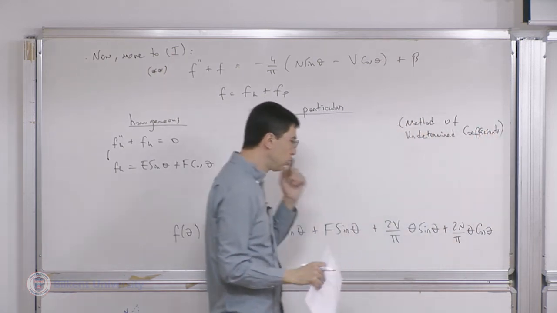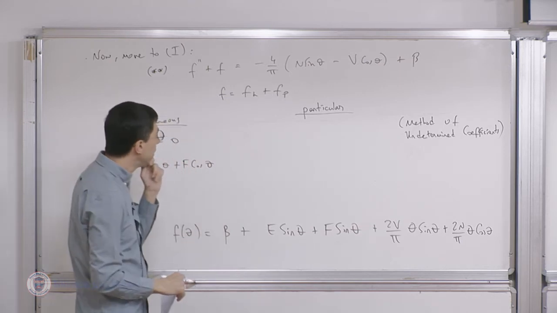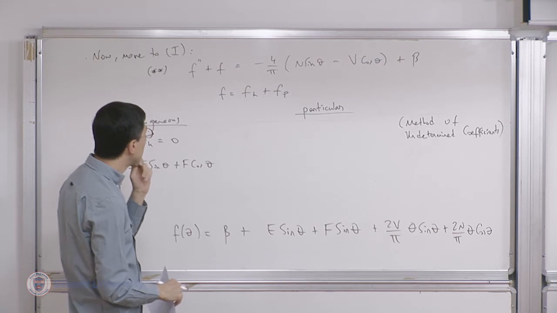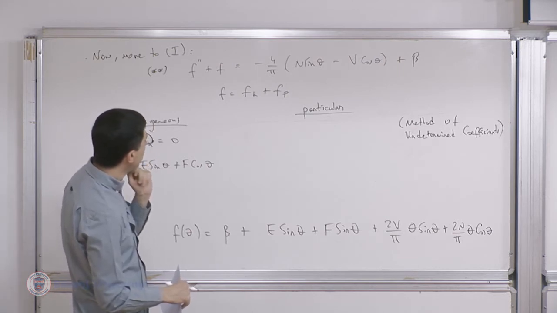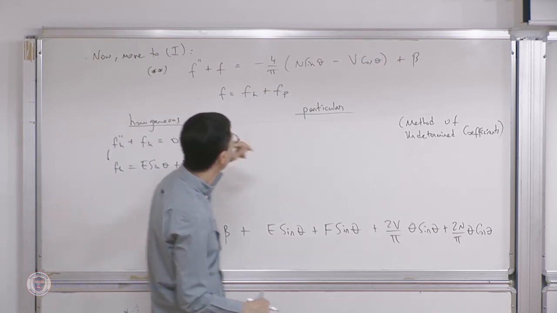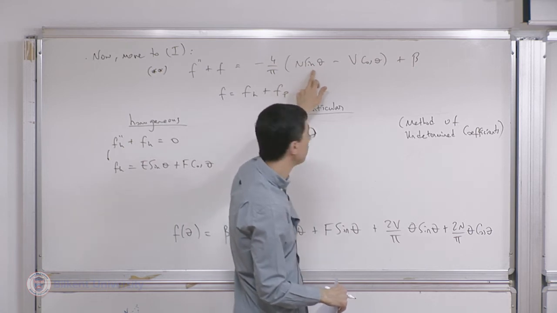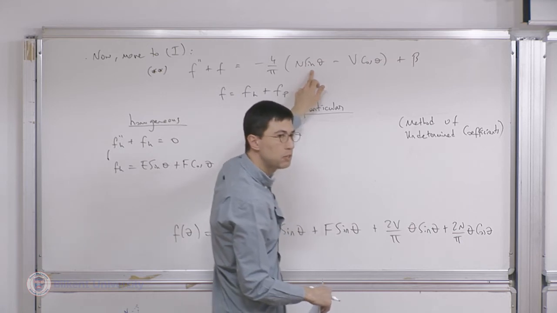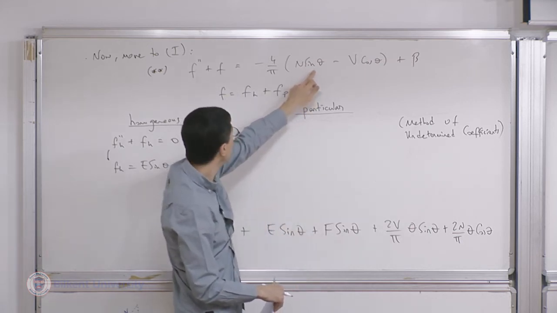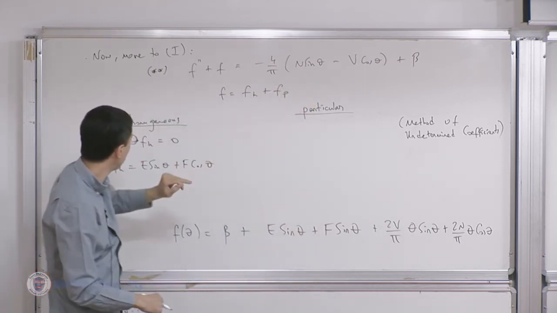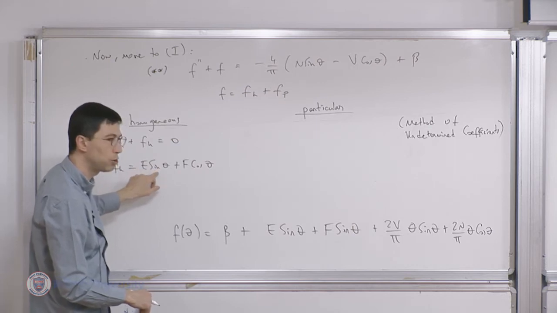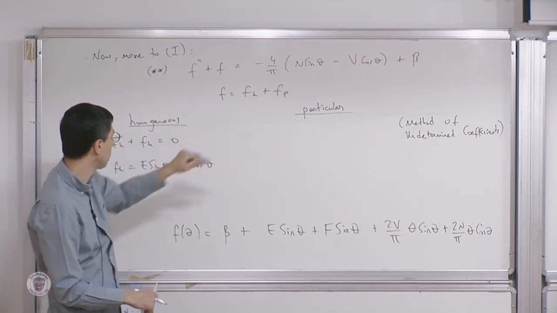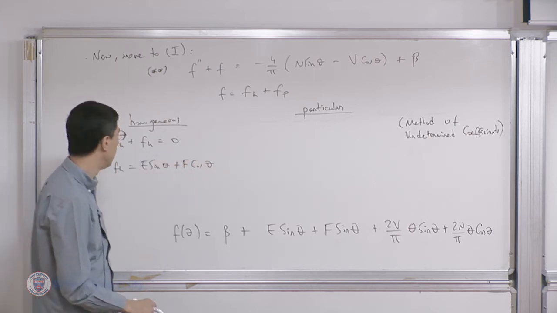So in this case, what you would say is that the particular solution is something that has to do with some constant, perhaps, times what appears on the right-hand side. The problem is that what appears on the right-hand side as the non-homogeneous term is a term that appears in the homogeneous solution.